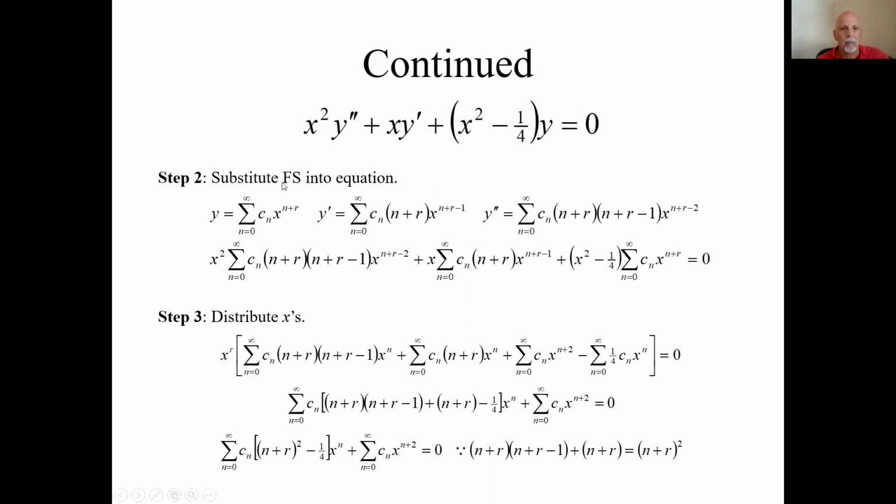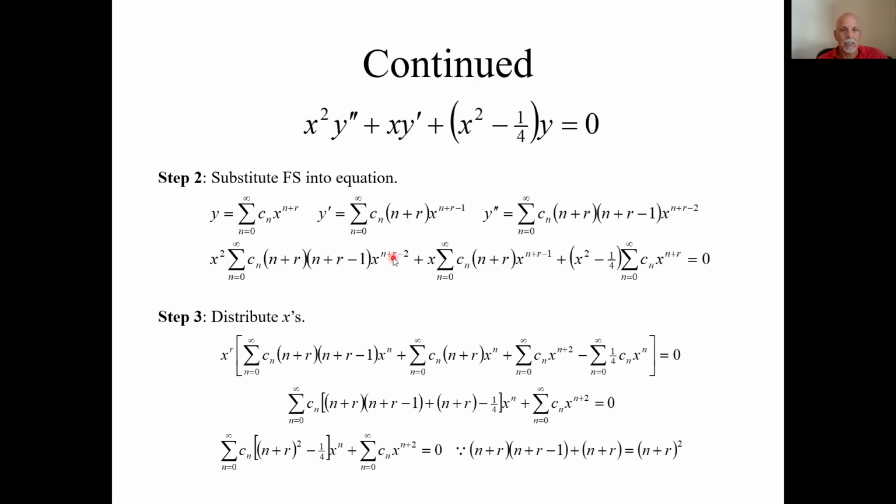So the next step is to substitute in the Frobenius series and its derivatives for y, y prime, and y double prime into this equation. You do that, you get this. This line here is just a direct result of substituting these y's and y primes into this equation. Then we can distribute the x's.